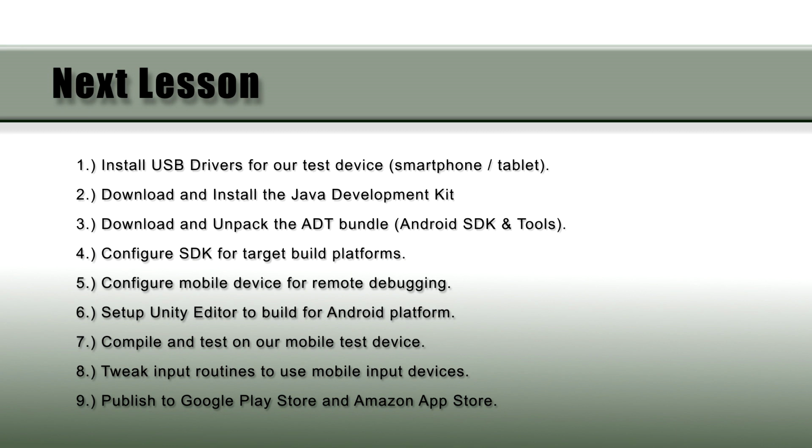We will then compile and test our game on our mobile device, and then we're going to have to rewrite the input routines of our game to use the input mechanisms available on that device. And finally, you're going to see me publish our game to the Google Play Store and the Amazon App Store. So that's the end of this overview video. In the next video, we're going to start making our way through that list of tasks.